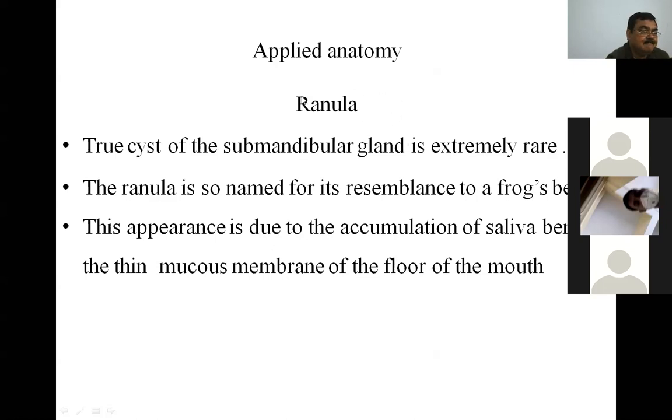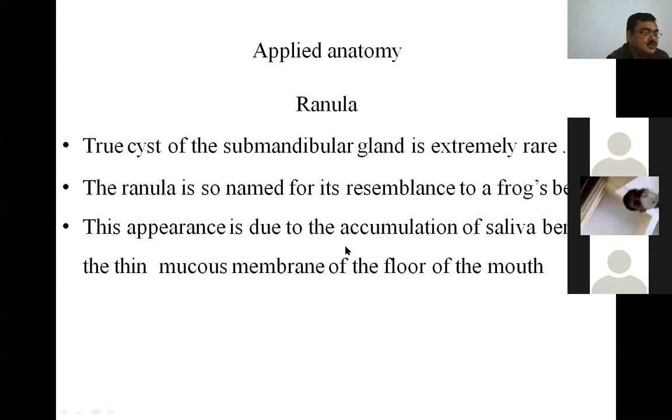Now, applied aspect: ranula. What is a ranula? A true cyst of the submandibular gland is extremely rare. The ranula is so named for its resemblance to a frog's belly.